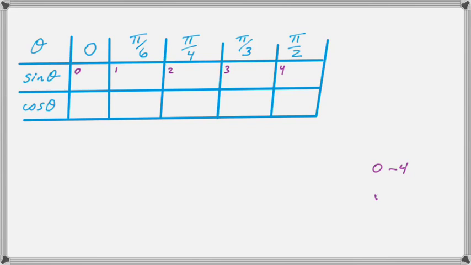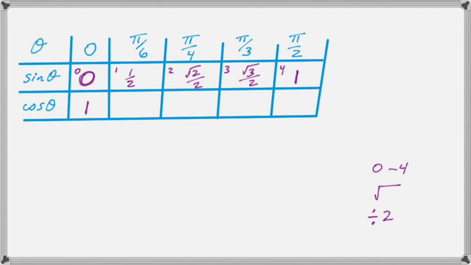Then you're going to take the square root and divide it by 2. The square root of 0 is 0 divided by 2 is 0. Square root of 1 is 1 divided by 2. Square root of 2 divided by 2. Square root of 3 divided by 2. What's the square root of 4? 2 divided by 2 makes us 1.